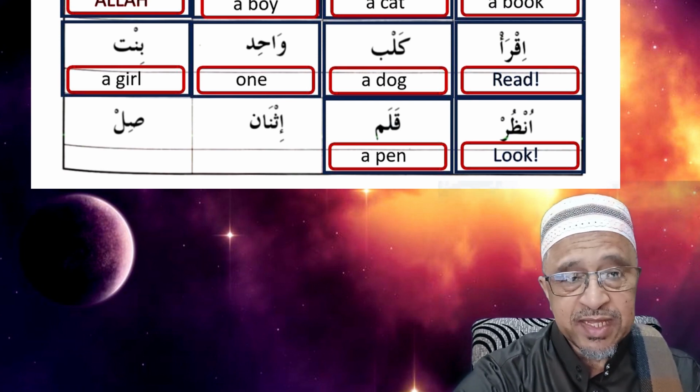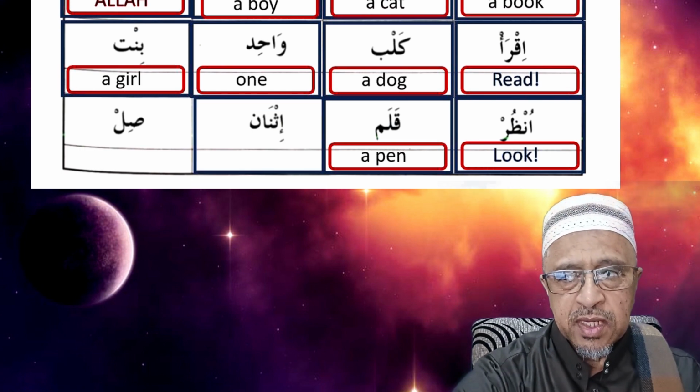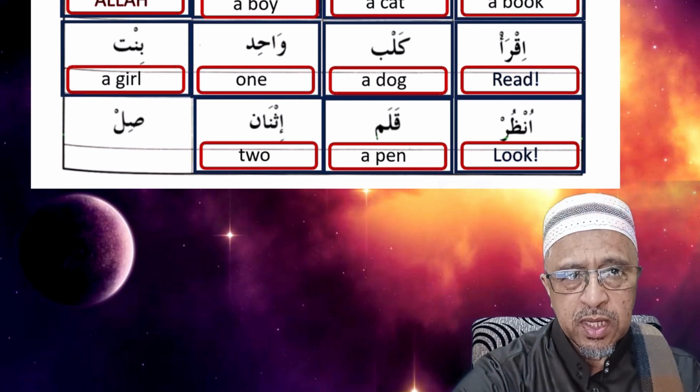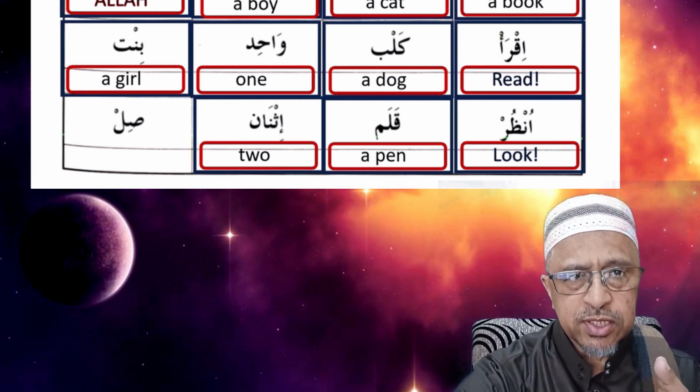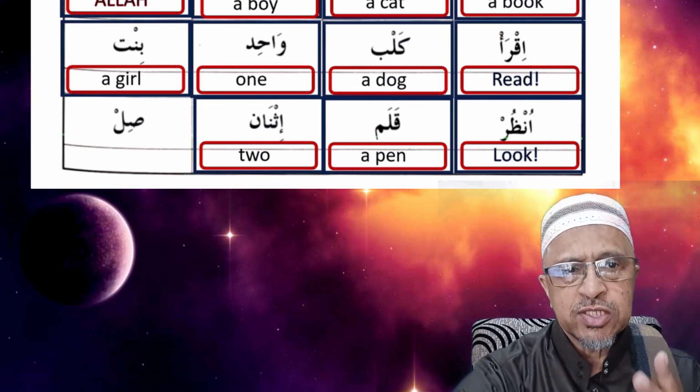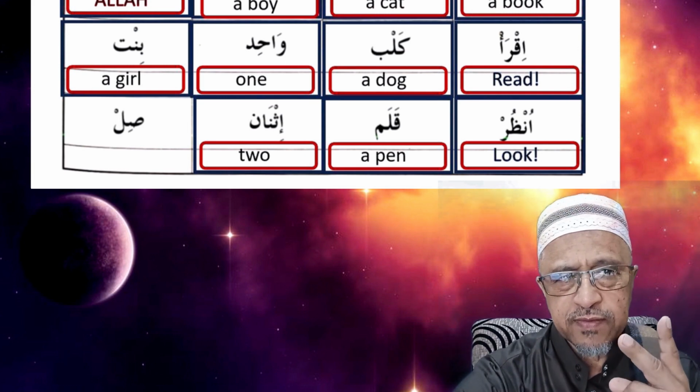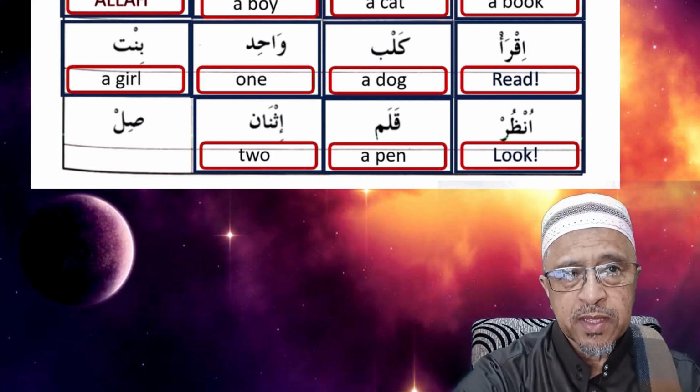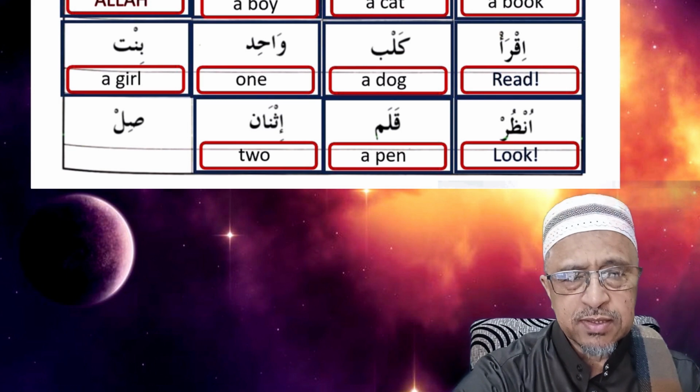Next word is ithnan or ithnain. Now this word of course means two. And in Arabic, unlike English or Afrikaans or many other languages, it has a singular form as well as a dual form. So things that refer to two are normally converted to a dual form. And there's a specific formula or sign in Arabic for the dual.